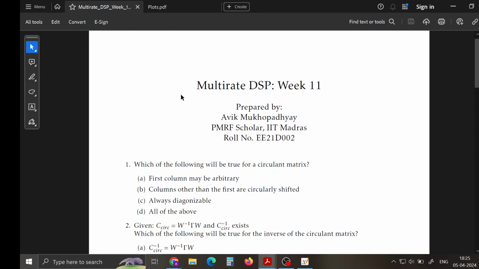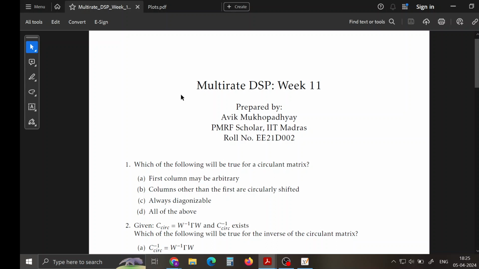So the observation is that the first column can be arbitrary, as I mentioned. So option A holds true, and as I said, option B, which states that columns other than the first column are circularly shifted, is also true. And it also turns out that circulant matrices have the property that they are always diagonalizable. We have seen this in the lectures also.